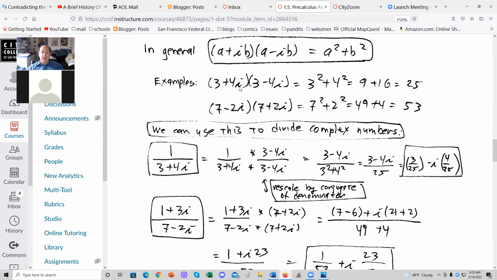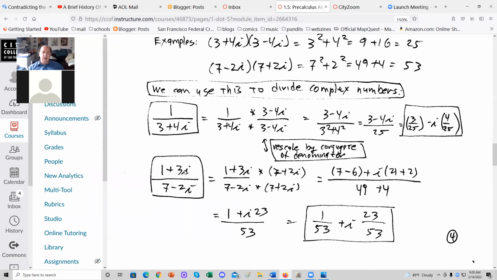Their product, 3 plus 4i times 3 minus 4i, is 3 squared plus 4 squared, or 25. Meanwhile, in the numerator, 1 times 3 minus 4i is 3 minus 4i. And then you rewrite it as 3/25 minus i times 4/25. And that concludes writing this reciprocal.